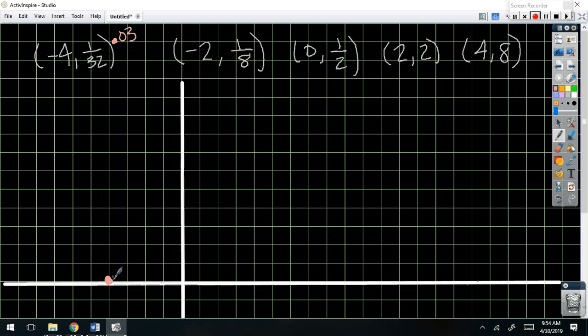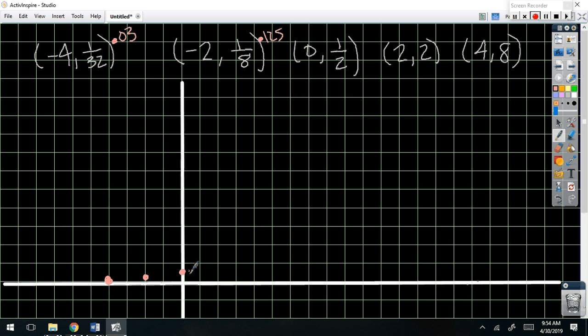How about 1/8? What do you get? 0.125. So I moved up a little bit, but not much, right? So -2, up just a little bit. Then 0, 1/2. 1/2 is easy, right?